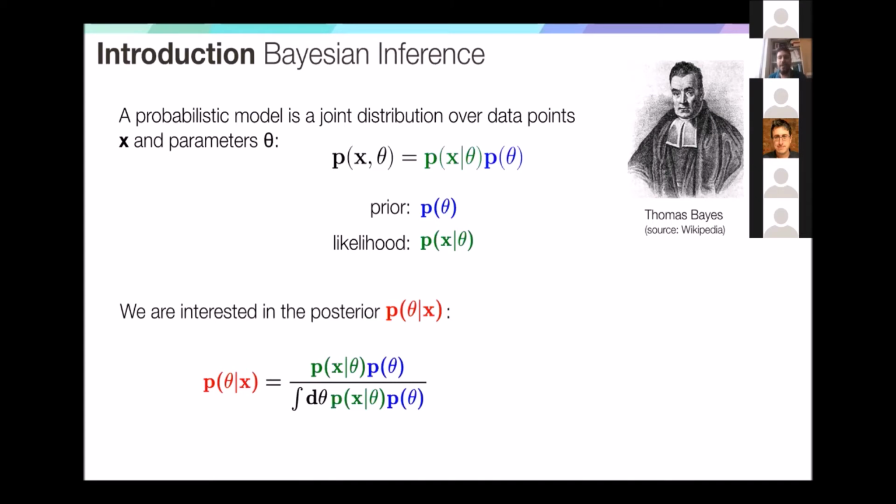The object of interest is to narrow down the distribution of these latent variables or parameters. That's called the Bayesian posterior, P of theta given x. It's really just the product of the likelihood times the prior, but normalized such that the distribution integrates to 1, so I'm dividing by the integral over the product of likelihood and prior.